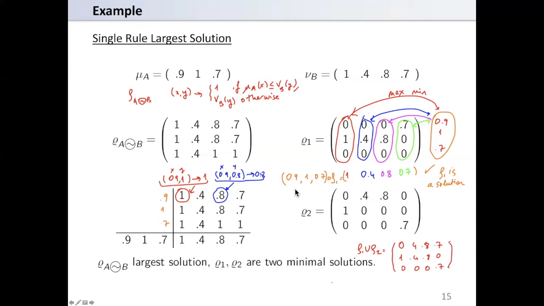We have to check if this condition for row 2 also is satisfied. For this example, this is also a solution. If row 1 is a solution and row 2 is a solution, then by the theorem, the union of row 1 and row 2 is also a solution. Here the union is written, union of row 1 and row 2.